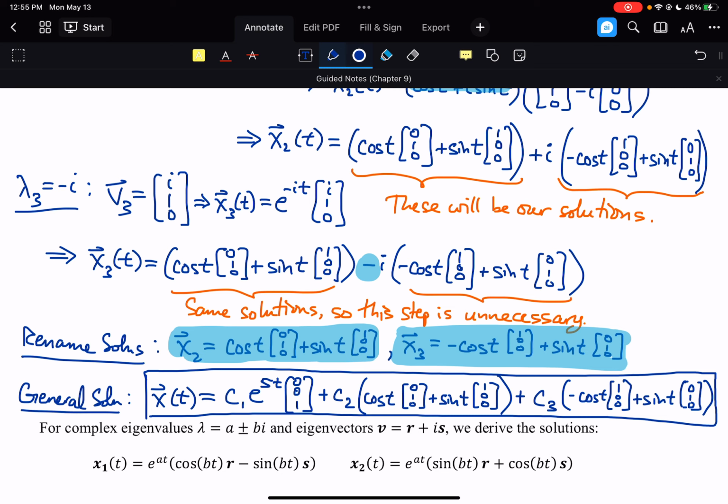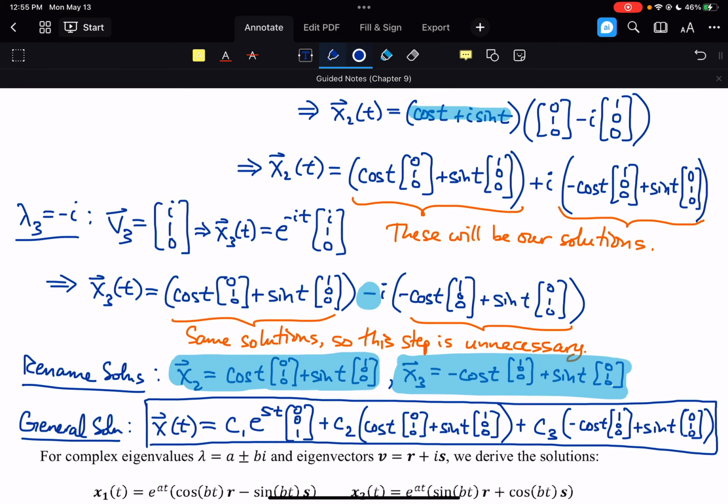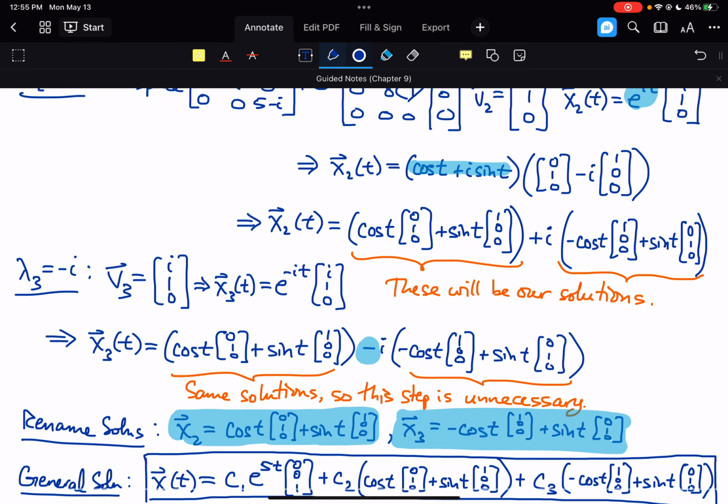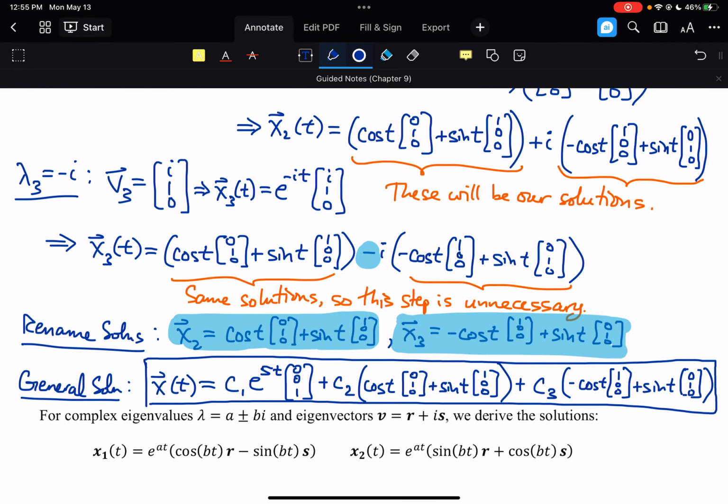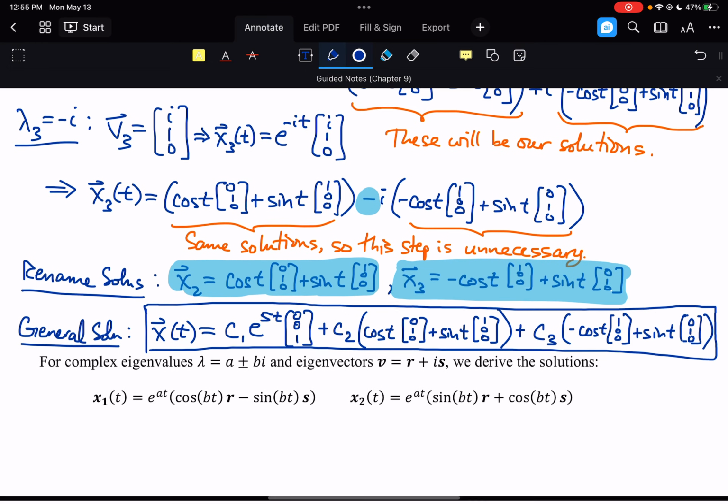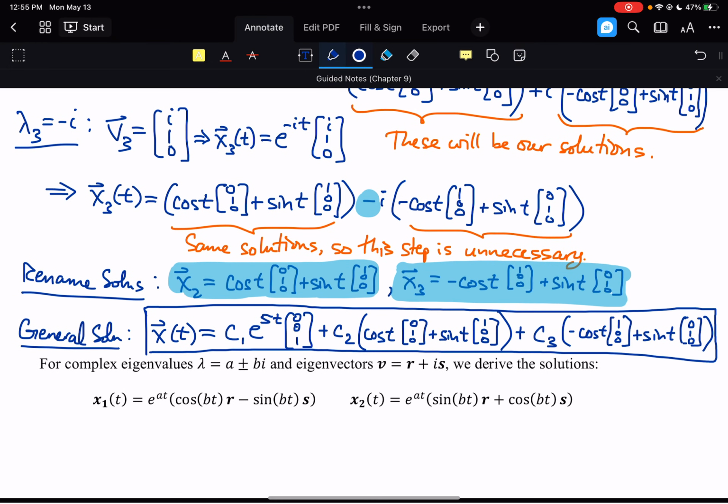This process, we can derive every single time, but we also developed a formula for this in general. So if we want to use that instead, we absolutely can. So for complex eigenvalues, a plus or minus bi, the eigenvectors that we get would be r plus or minus is.